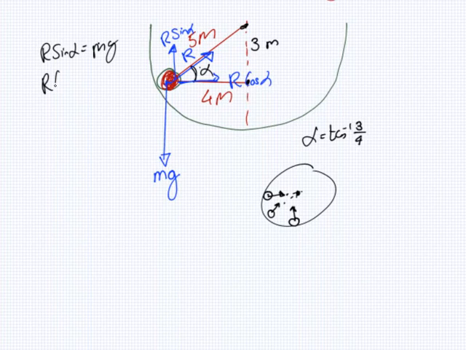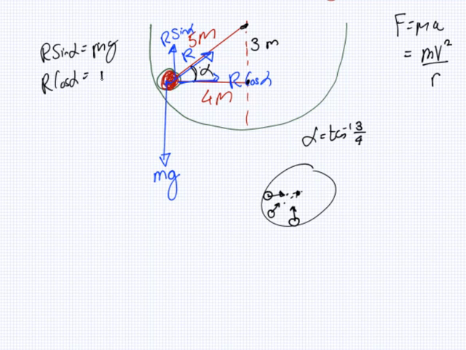What does R cos alpha equal? Centripetal force. Well, centripetal force equals ma, and what does a equal? The a is v squared over r. So you can replace this with centripetal force, mv squared over r.